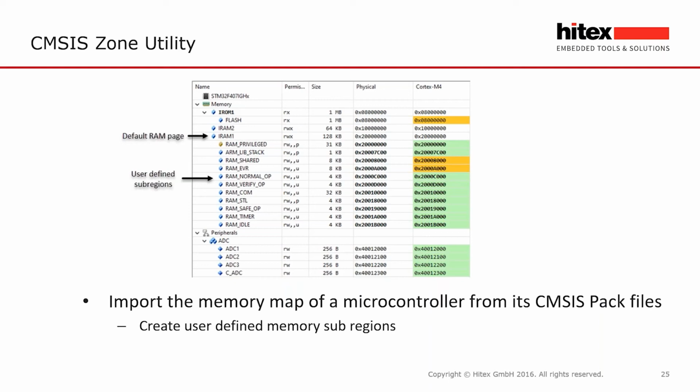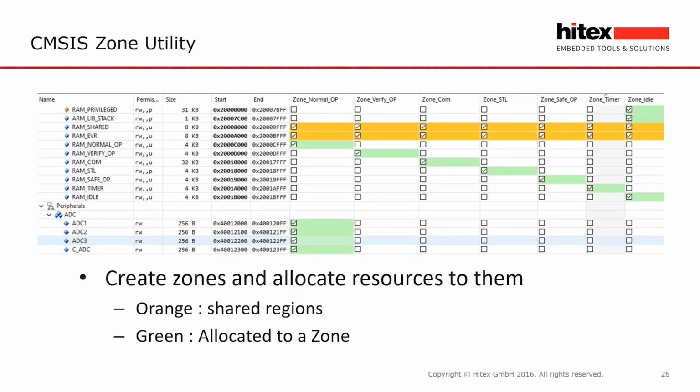And once we've subdivided those, we can create zones, which are different memory execution zones for all of our different threads. So here the green is where we've allocated memory to that zone only. The orange is for shared regions. So we've got shared RAM for passing data, and also for the event recorder to communicate up to the debugger as well.